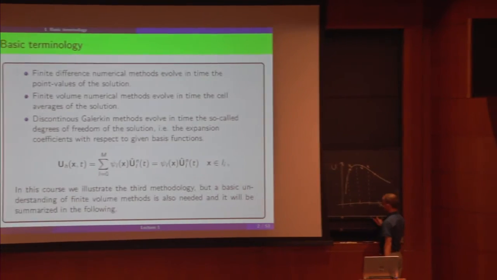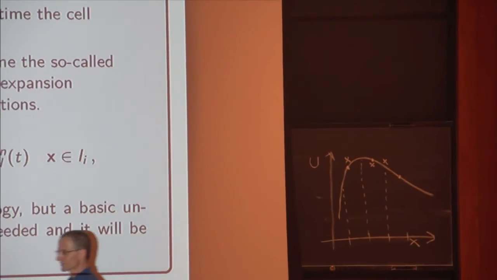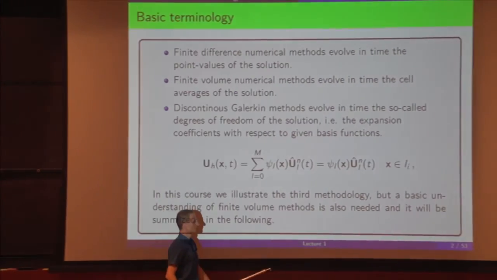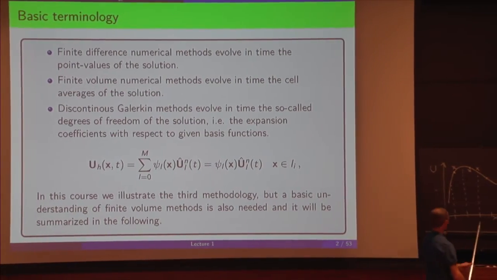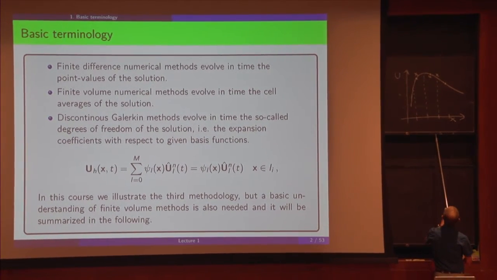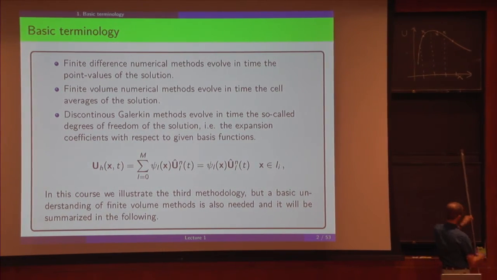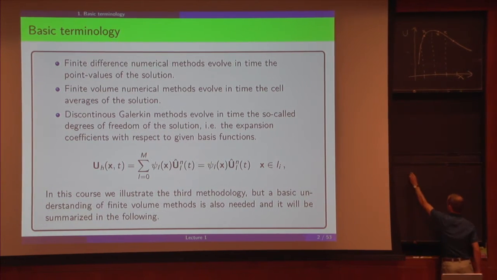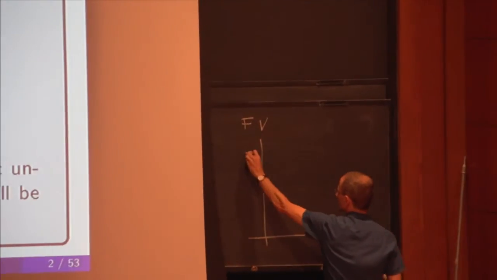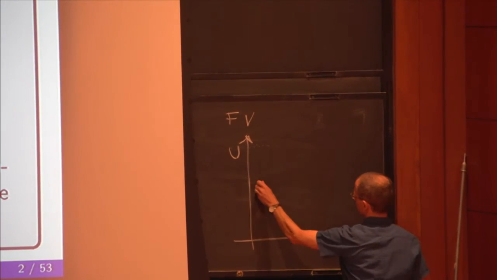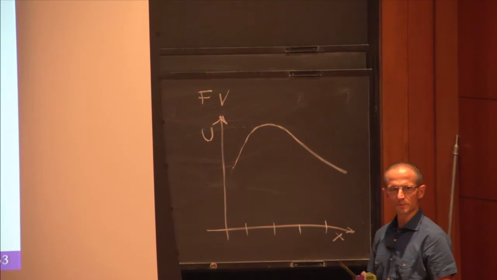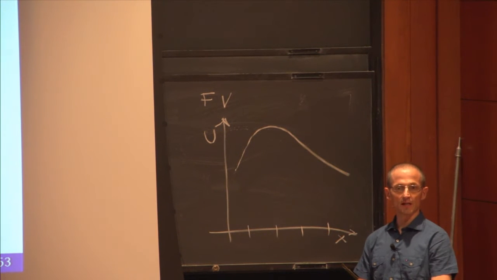Now, let me send it above. We don't like finite difference so much, although it's been very successful. So I send it on top. Finite volume instead still has our exact solution u and our computational grid, but now we are computing cell averages.